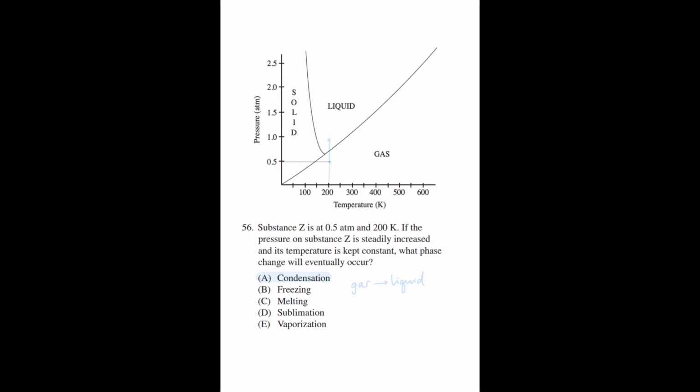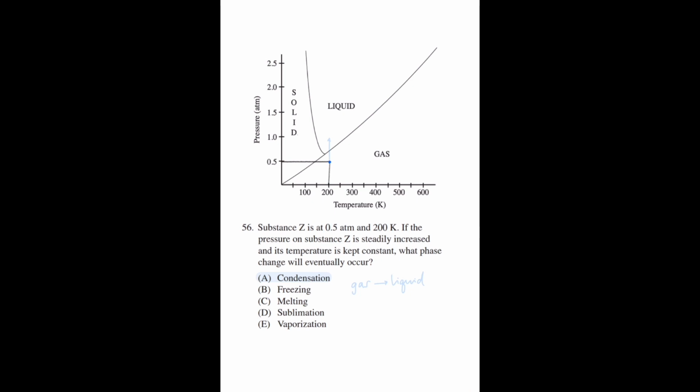This question comes from the SAT chemistry subject test. We're given the above phase diagram and this information. Substance Z is at 0.5 atmospheres and 200 Kelvin. If the pressure on substance Z is steadily increased and its temperature is kept constant, what phase change will eventually occur? We can go ahead and pencil in our starting point of approximately 0.5 atmospheres of pressure and 200 Kelvin temperature.